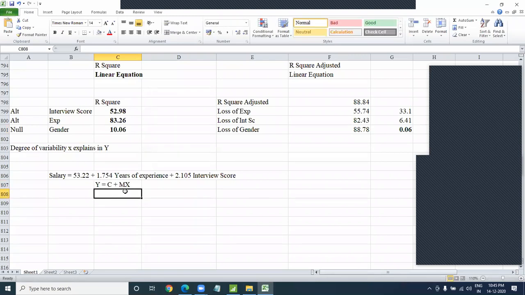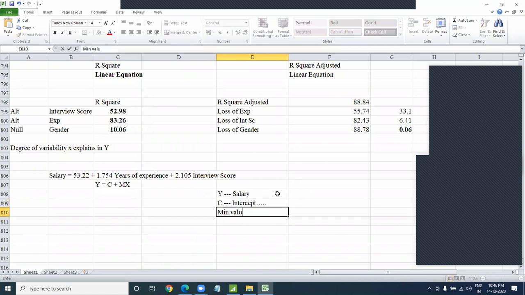Now let's quickly understand what it means. Y is your salary here. C is the intercept in the language of statistics, but in layman's language, this is the minimum value of y in the absence of x.